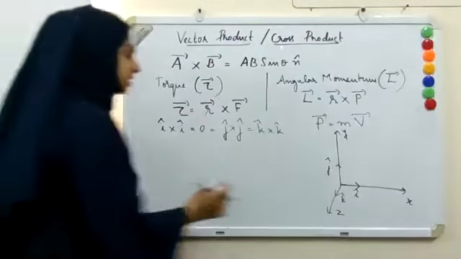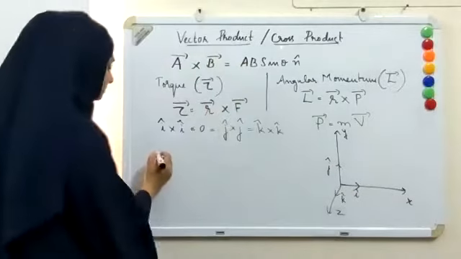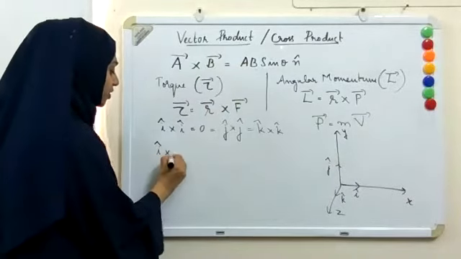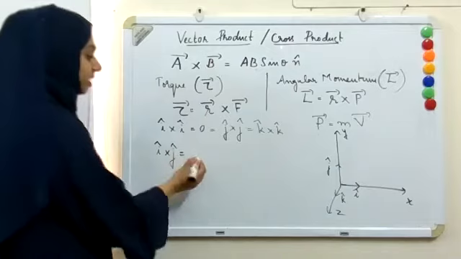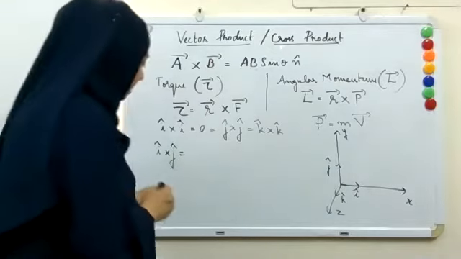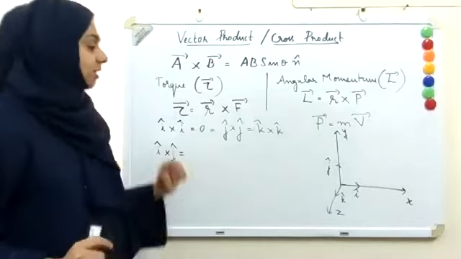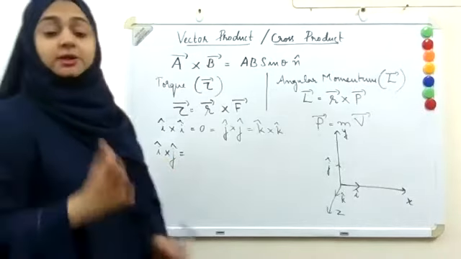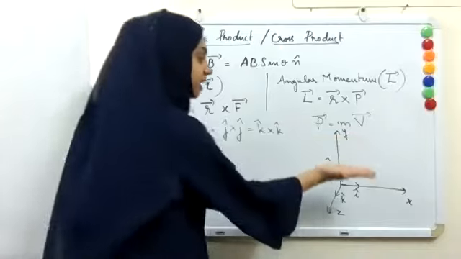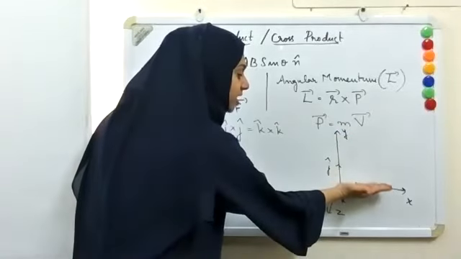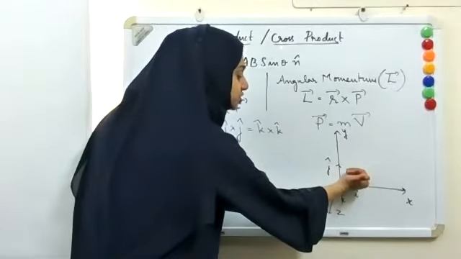Now let us consider i cross j. I cross j equal to. So they have magnitude 1 into 1. So the magnitude will be 1. Let's look at the direction. I'm taking my right hand and I have to hold it in the direction of i, curl it towards j.